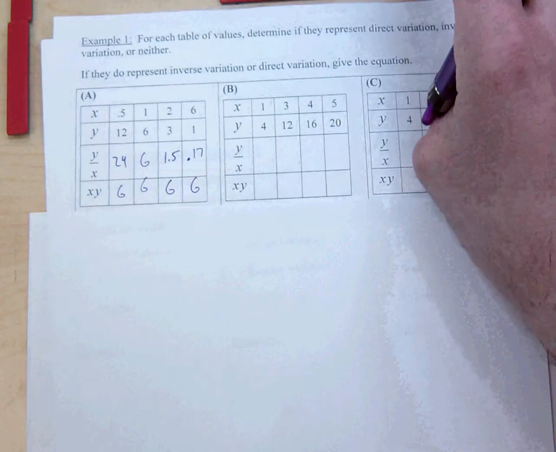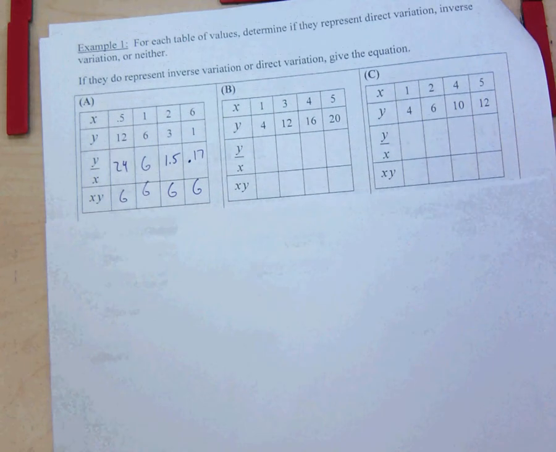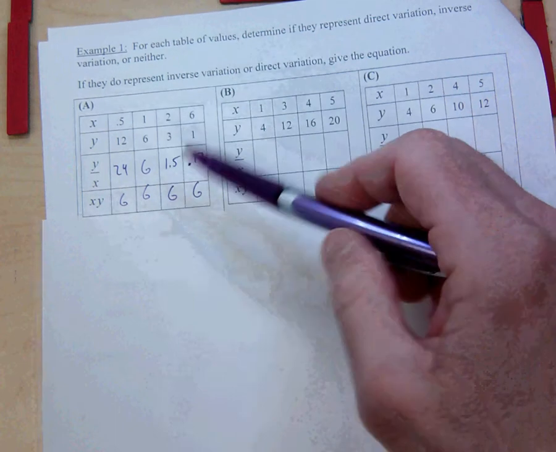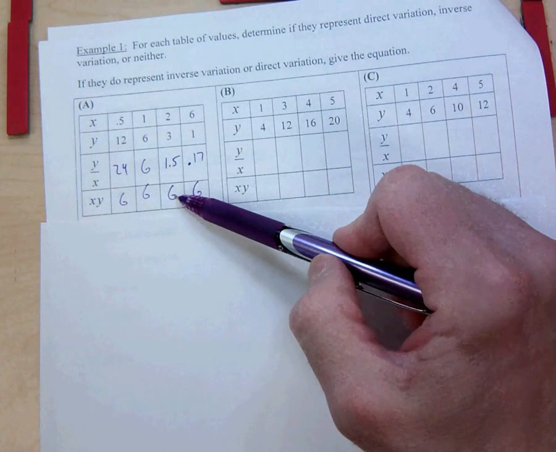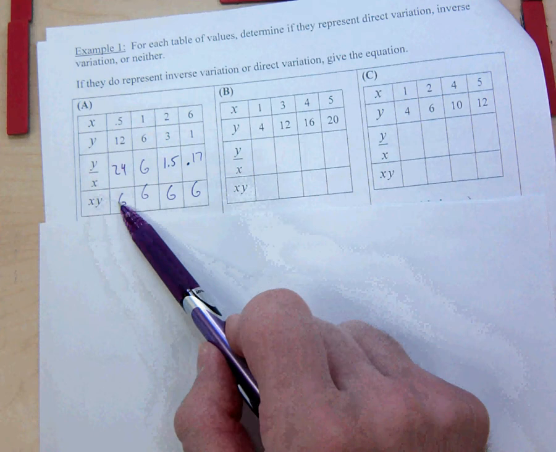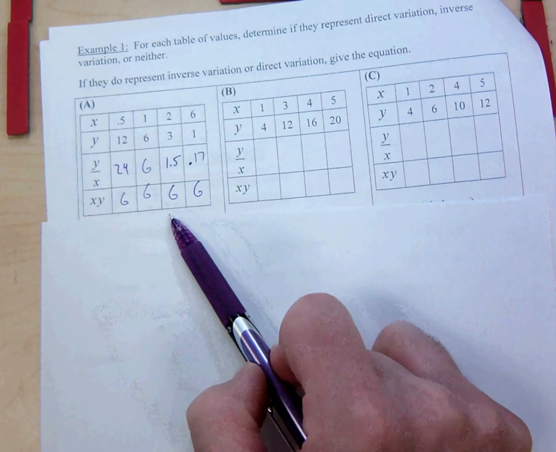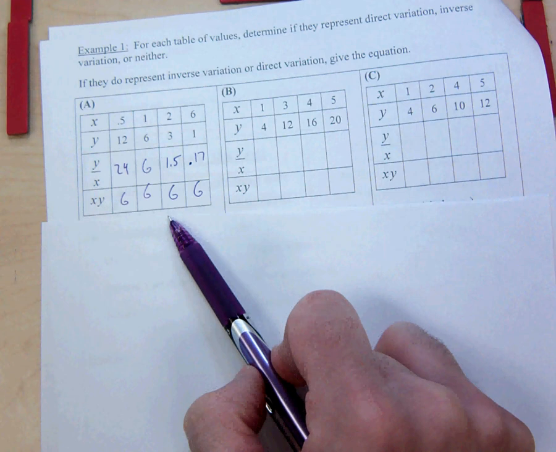So when you take x times y, you get a constant k. So think about it. Is this direct variation, inverse variation, or neither? When you multiply the variables and get the same constant k, what is that? Which one is it, guys?